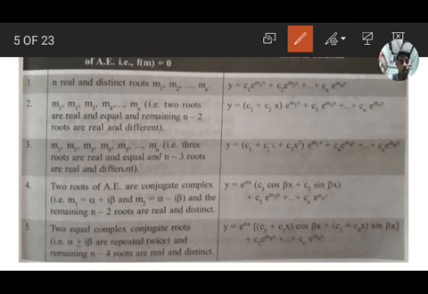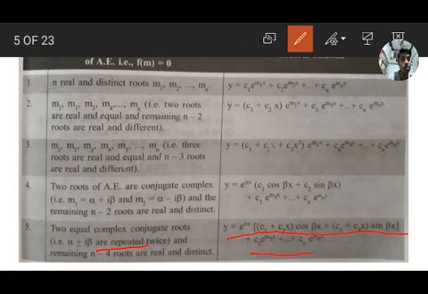Then, if there are two equal complex conjugate roots, that is alpha plus or minus i beta repeated two times, and the remaining roots are real and different, then the solution is y equals e to the power of alpha x [(c1 plus c2x) cos beta x plus (c3 plus c4x) sin beta x] plus c5 e to the power of m5x plus ... cn e to the power of mnx.